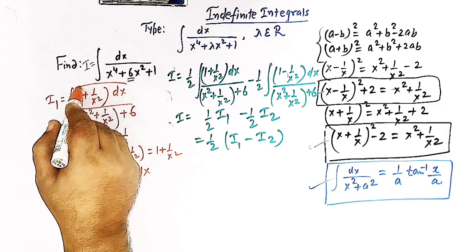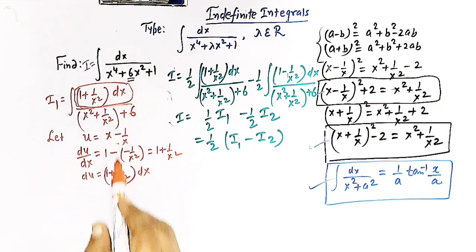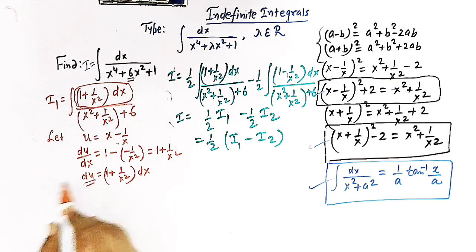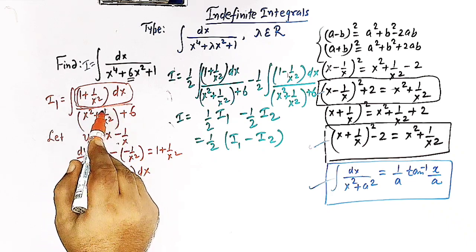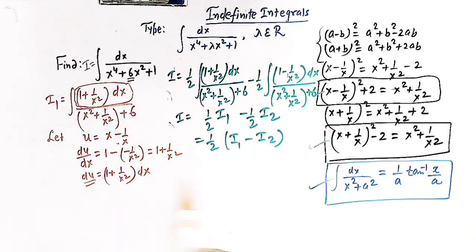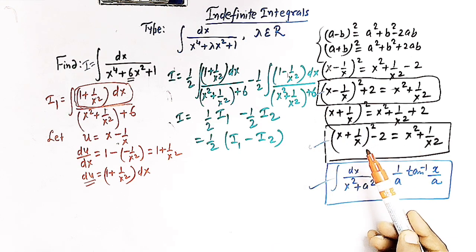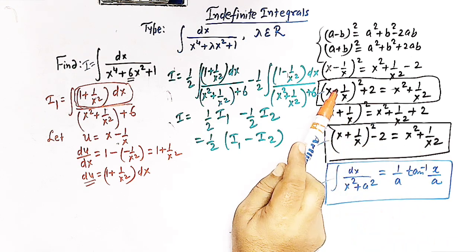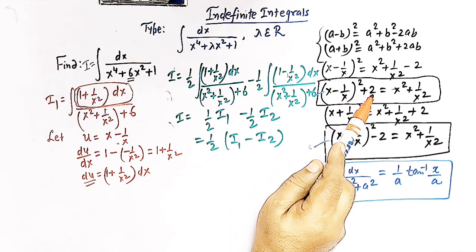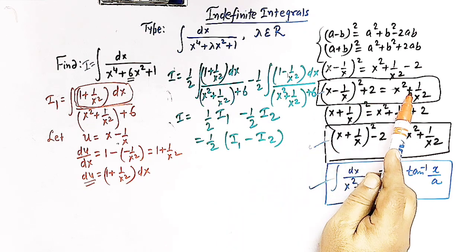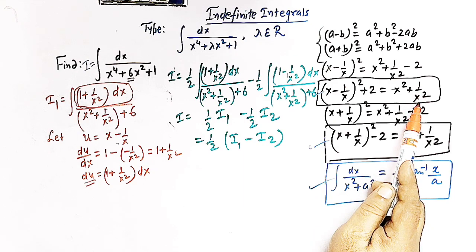right? So for this quantity, we can simply write du, and in the denominator we have x² + 1/x². So we can now use this expression, that is (x − 1/x)² + 2 is equal to x² + 1/x², right?